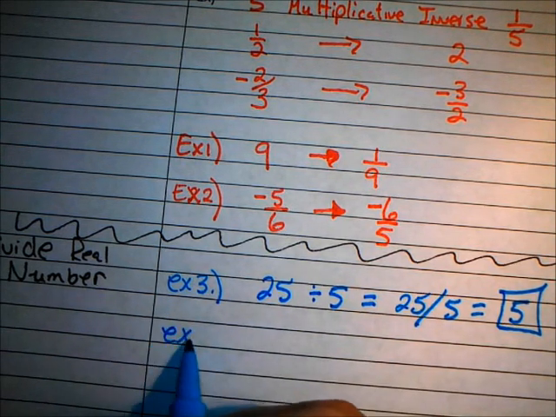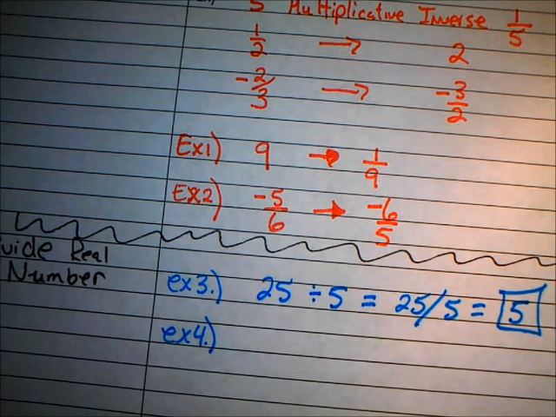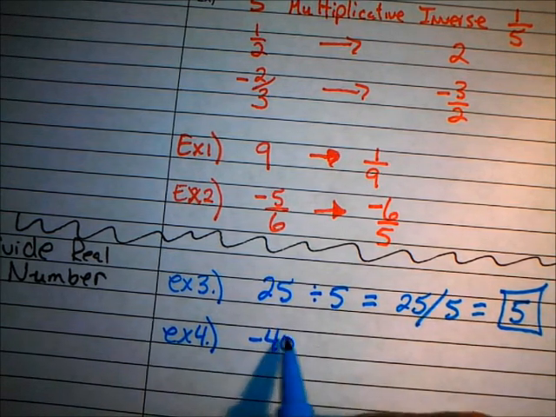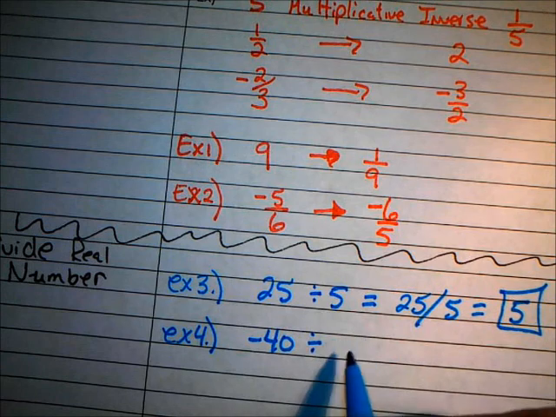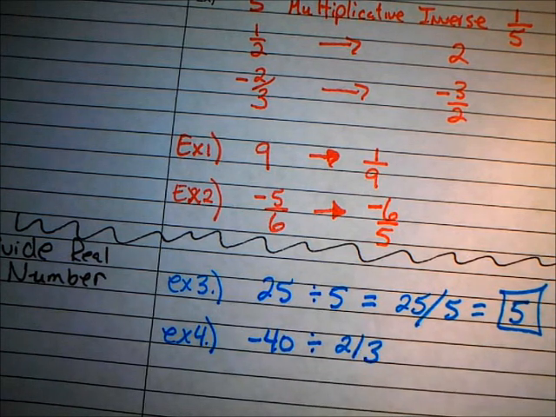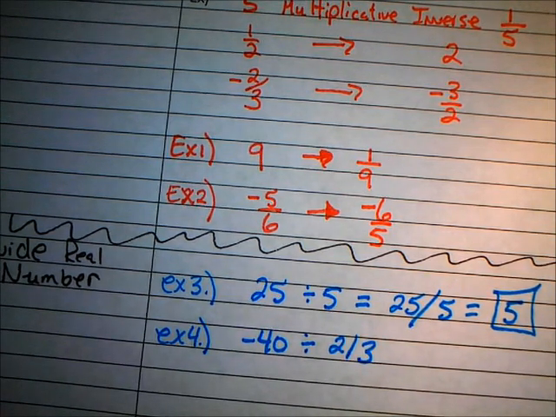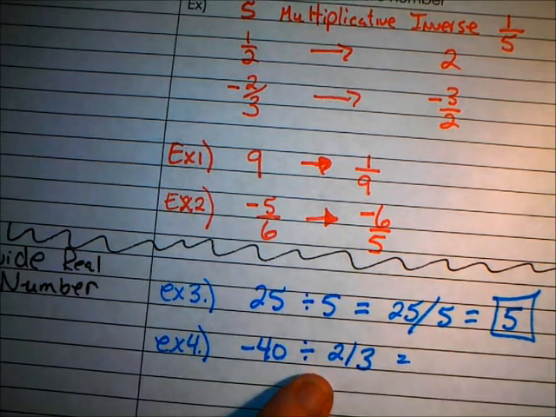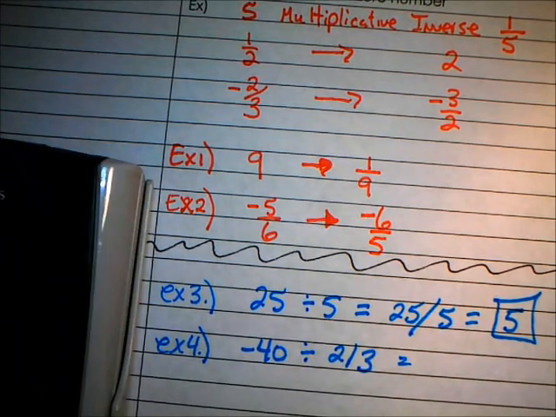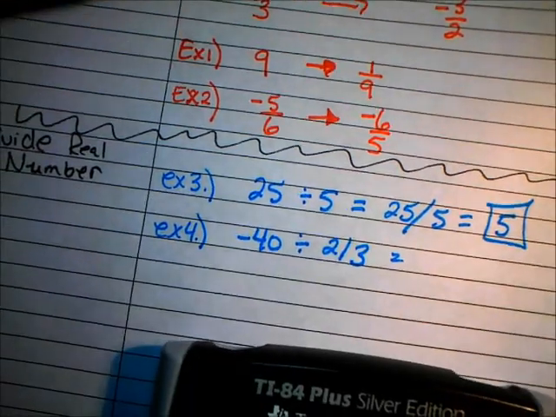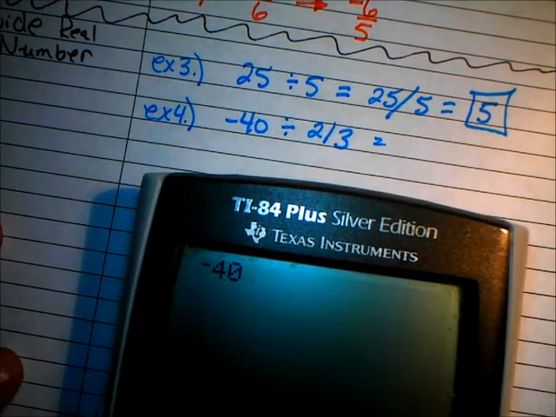Next, example number 4, if we have -40 divided by a fraction, 2/3. That one's going to look a little different in your calculator. Let me grab my calculator. I'm going to type in -40 and then the divide.